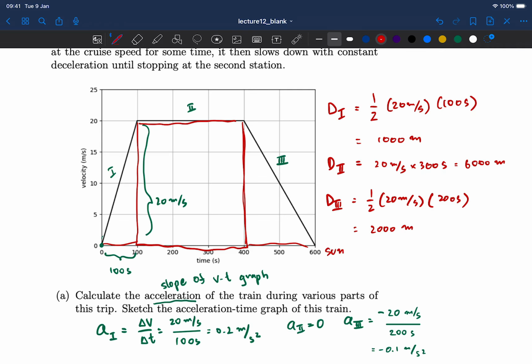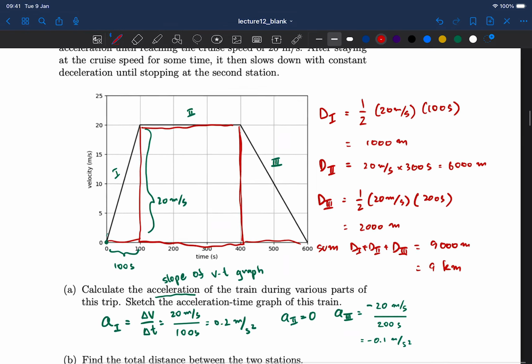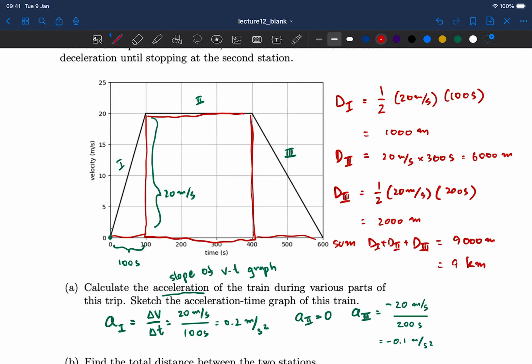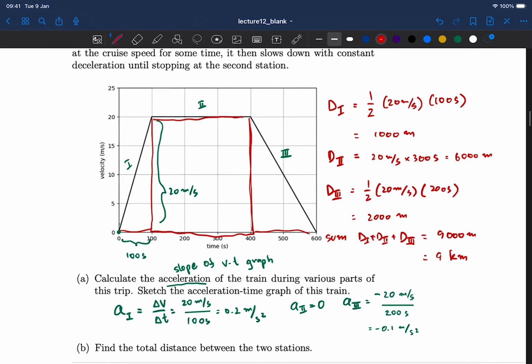So the sum, D1 plus D2 plus D3, is going to be 9,000 meters or 9 kilometers. So that's the answer.